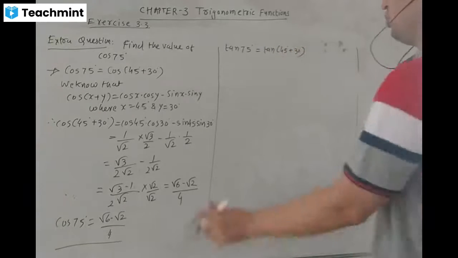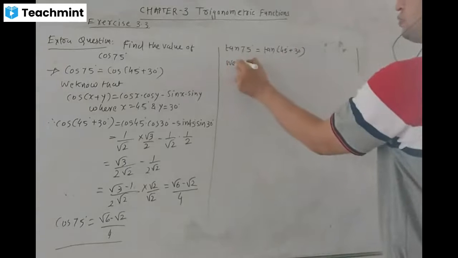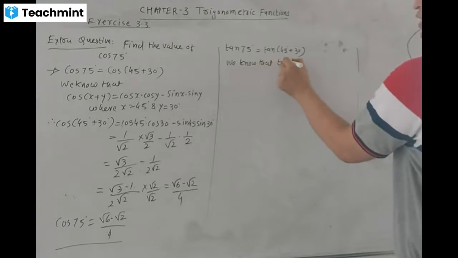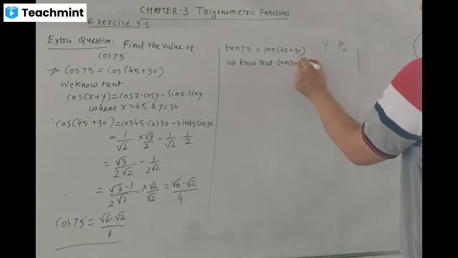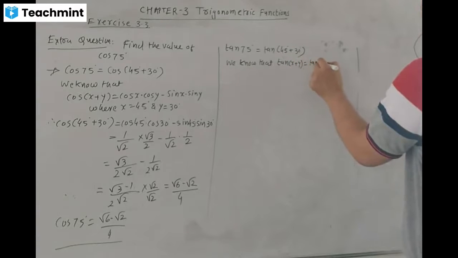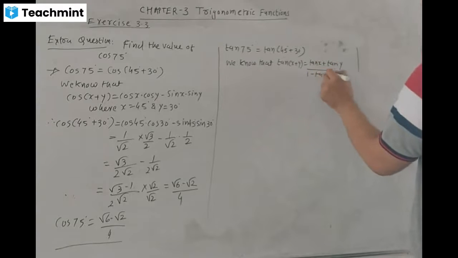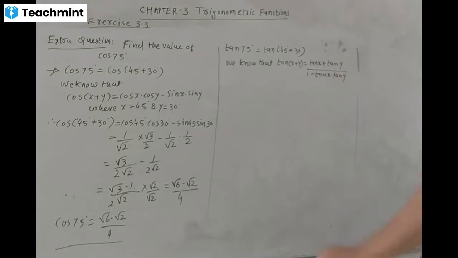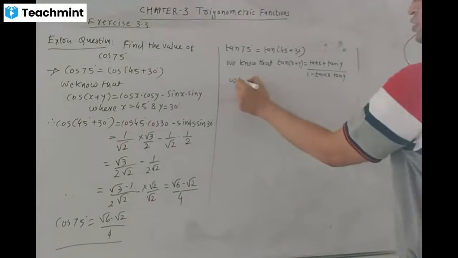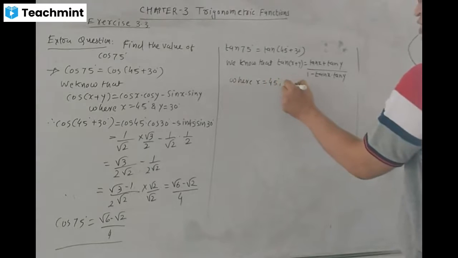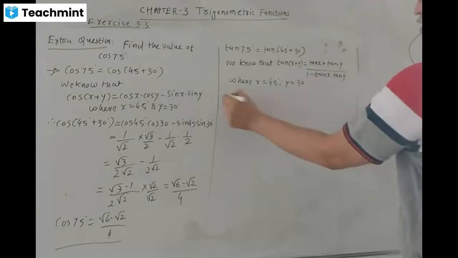We know the formula of tan(x plus y): tan x plus tan y divided by 1 minus tan x tan y, where x is equal to 45 and y is equal to 30 degree.